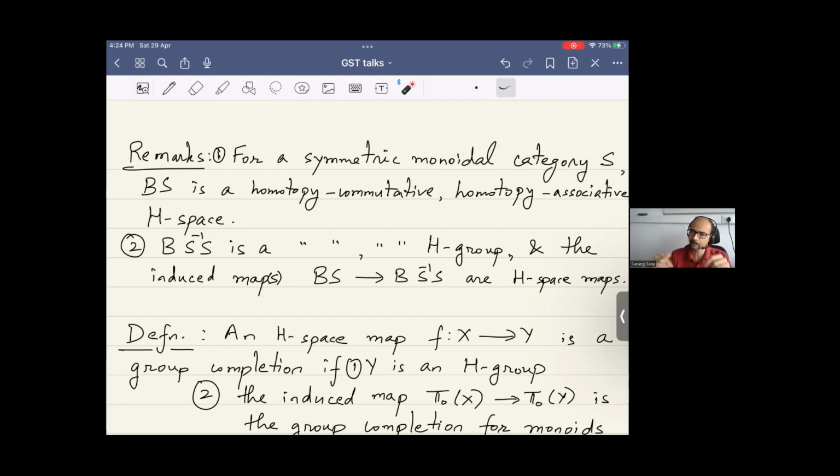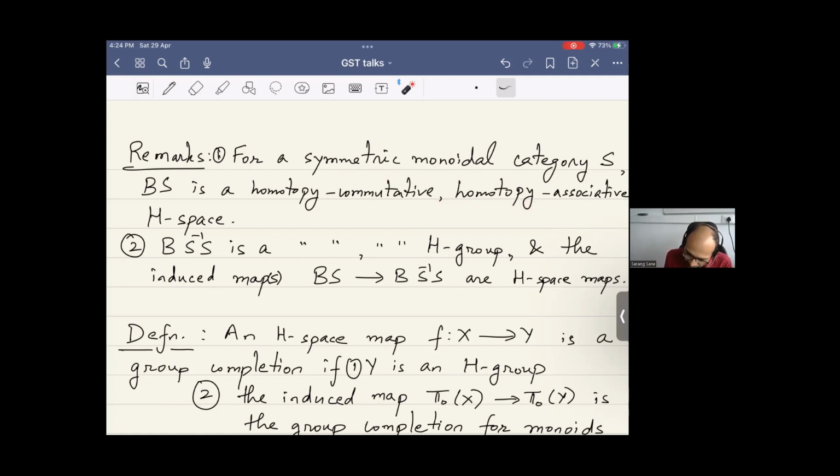It's not saying anything about the other structure. It only says there's a continuous function, and you have to only talk about points. Points in BS are just the objects of S. So you have an operation on the objects of S, that's the tensor operation. So if you assume that it's a symmetric monoidal category, it's homotopy commutative, homotopy associative. Yeah, that's straightforward.